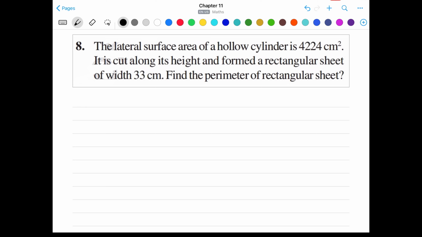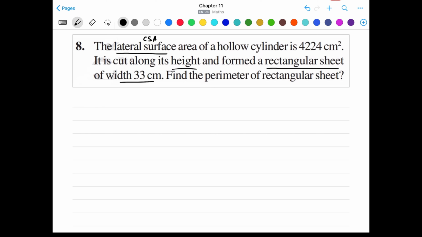Question number 8 is the lateral surface area of a hollow cylinder is 4224 centimeter square. So we are given lateral surface area. By lateral surface area we mean the curved surface area of cylinder. It is cut along its height and forms a rectangular sheet of width 33 centimeter.